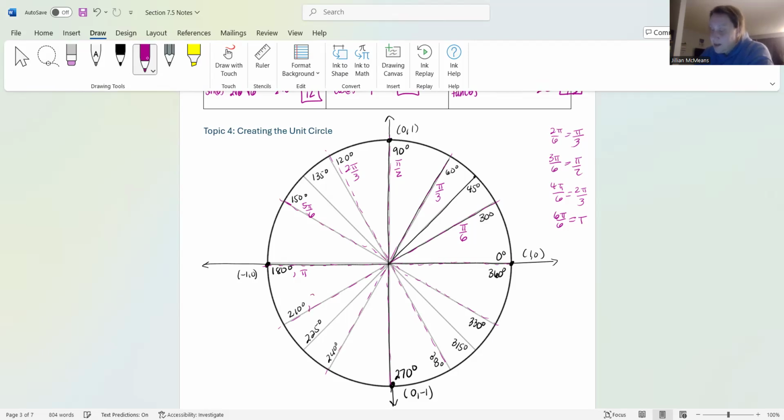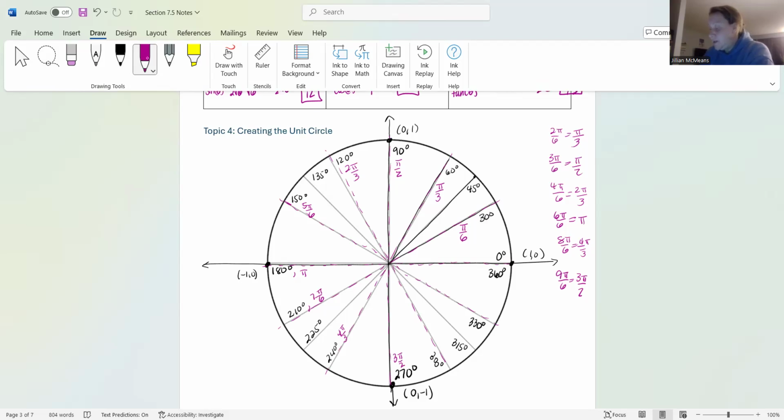That makes this 7 pi over 6. Next, we get 8 pi over 6, which reduces to 4 pi over 3. So this is 4 pi over 3. That was 8 pi over 6. Next, we get 9 pi over 6, which reduces to 3 pi over 2. Okay.